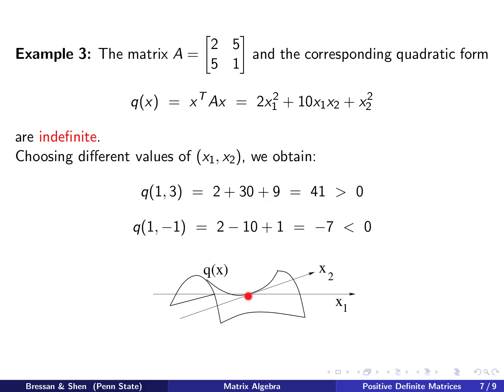So it has a maximum at 0 and is negative in the remaining part. A point like that is usually called a saddle point, but that comes later. I just want to put the name out there. So you see this surface, part of it is above 0 and part of it is below 0.